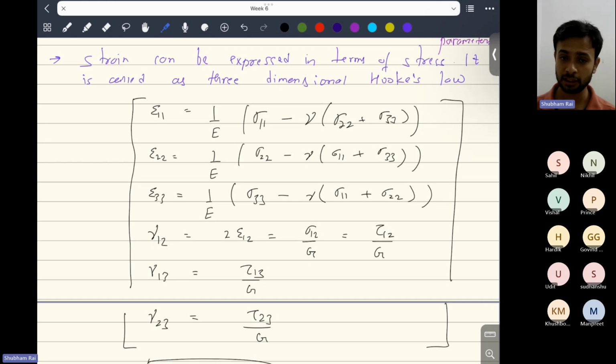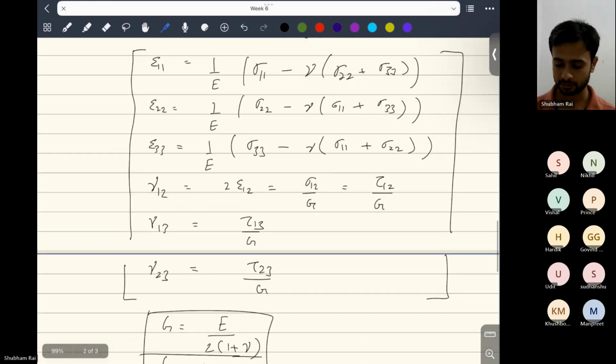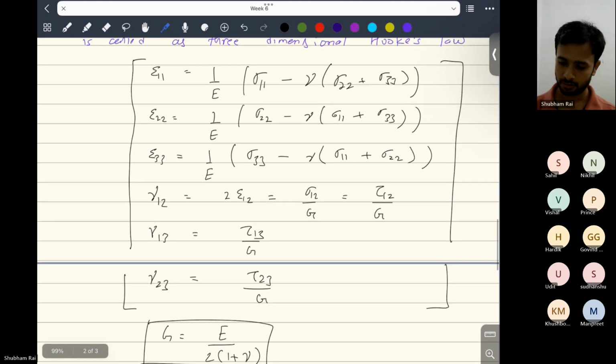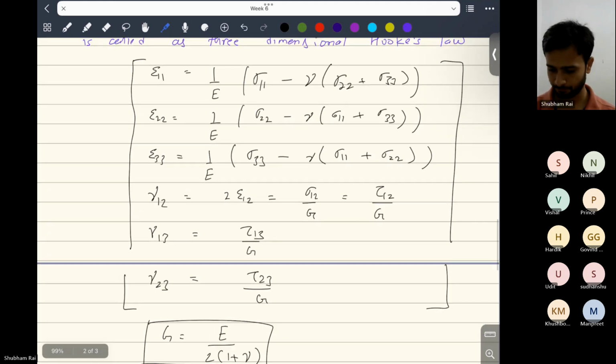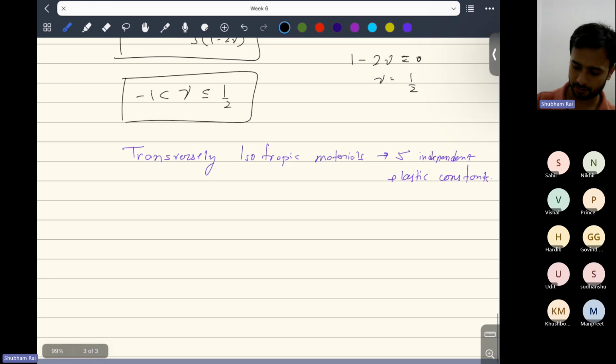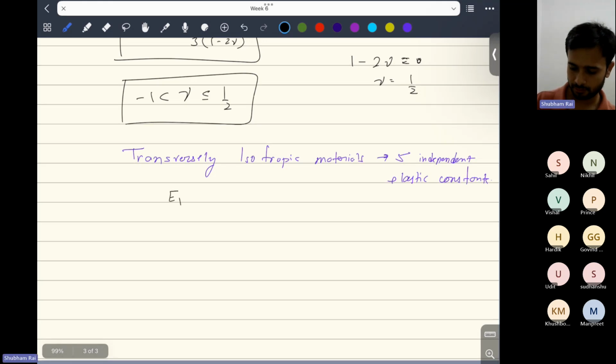Anyway, and for completely orthotropic material, so I think there are five. Let me just write. I think it will be E1 and E2 will be equal to E3. That makes two independent elastic constants.